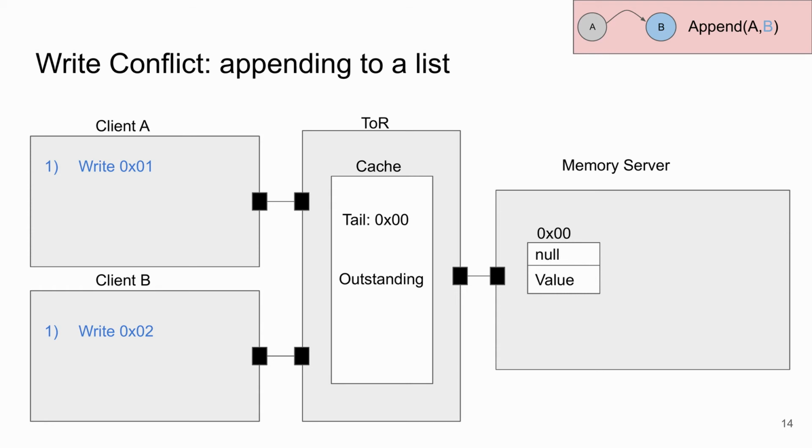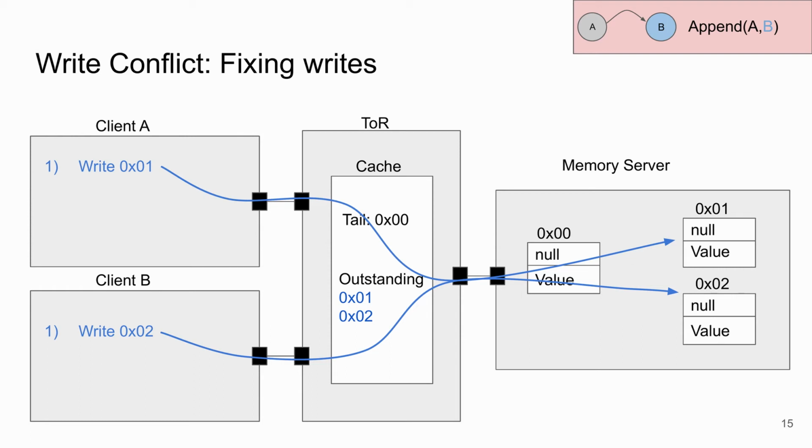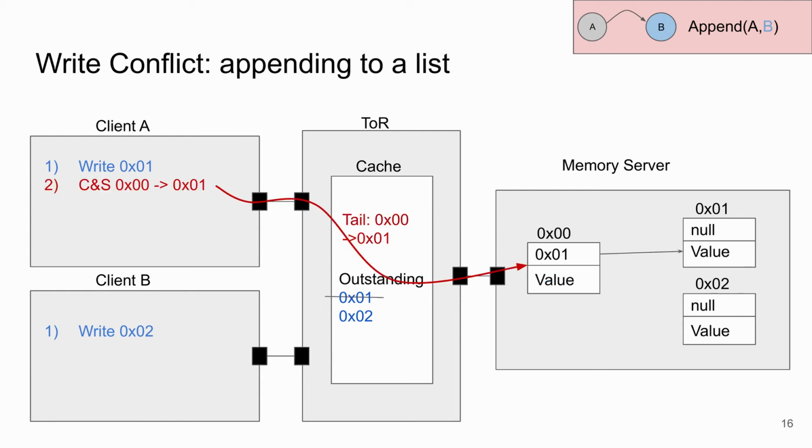But going forward, just like we did before, the first 2 writes commit, they are added to the outstanding list. This is just a small amount of cached metadata so that the TOR can keep track of what has been written. Now in the next case, the client performs its compare and swap again, exactly as before, except now the cache updates itself. So it knows that the tail has moved. It removes 0x01 from the outstanding list, and the algorithm proceeds.